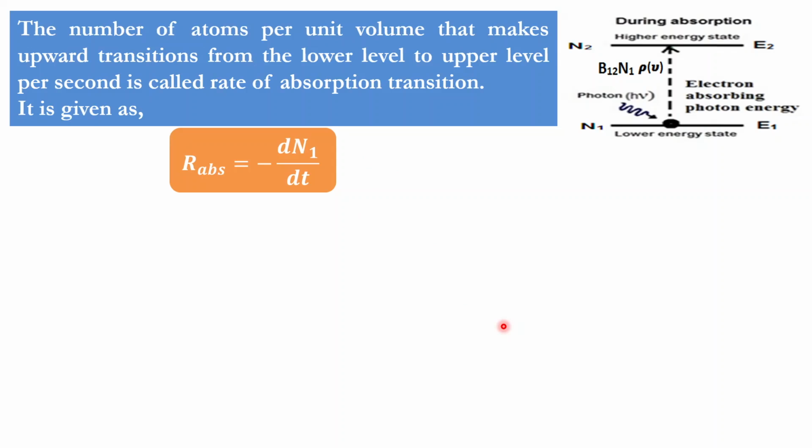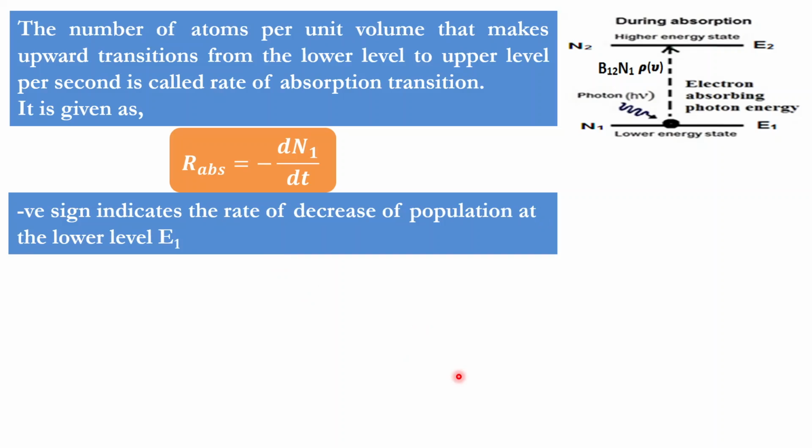The rate of absorption transition is given by R_ABS is equal to minus the derivative of the number of the atoms which are in the ground state with respect to the time, that is minus dN1 by dt.